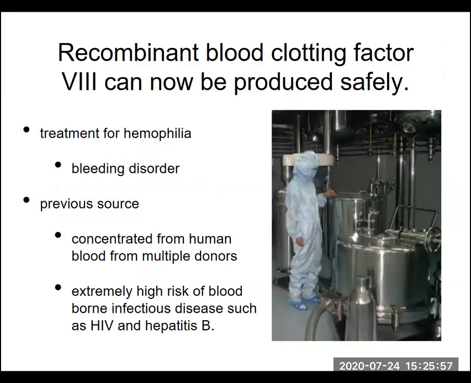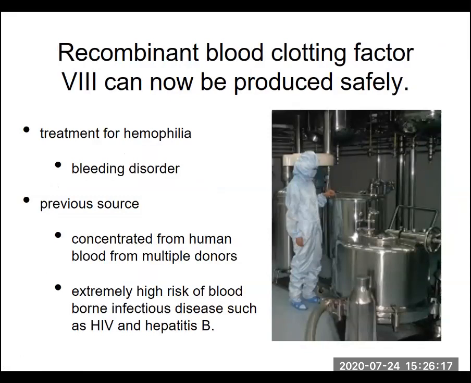Another example of that is recombinant blood clotting factor 8. It's used for treating hemophilia, which is a bleeding disorder. Prior to the late 1980s, patients with hemophilia would have to get blood donations.